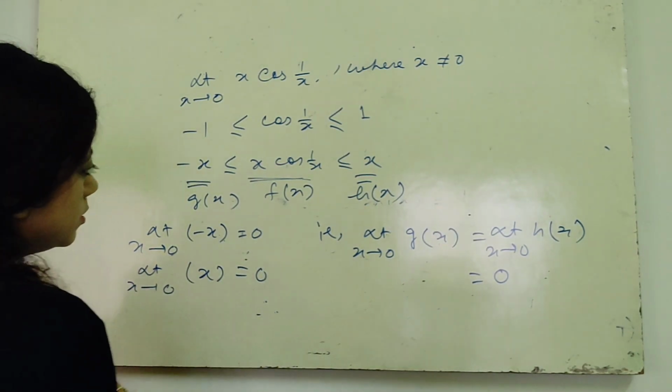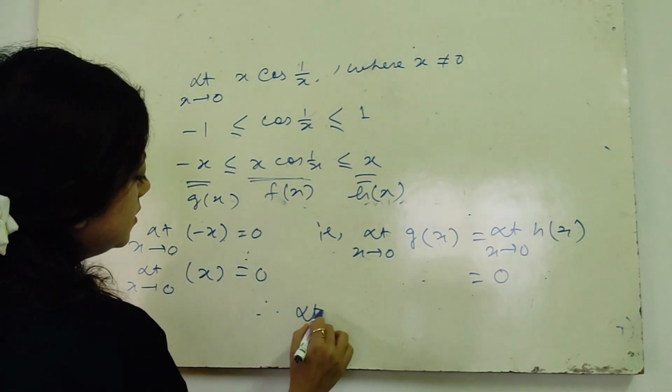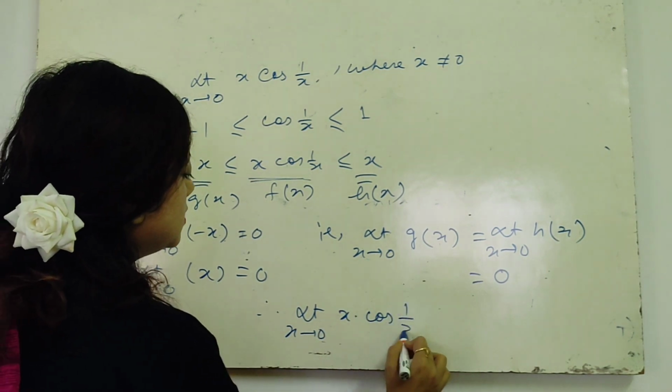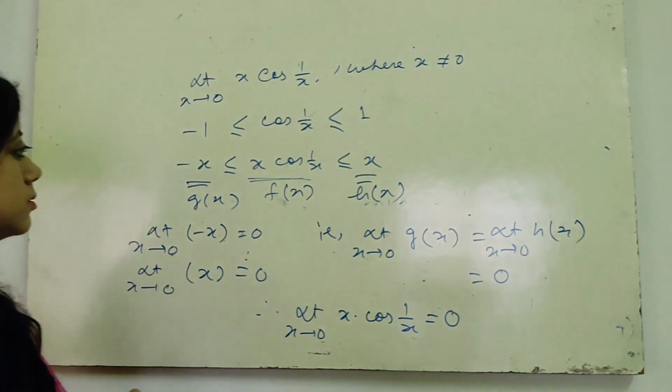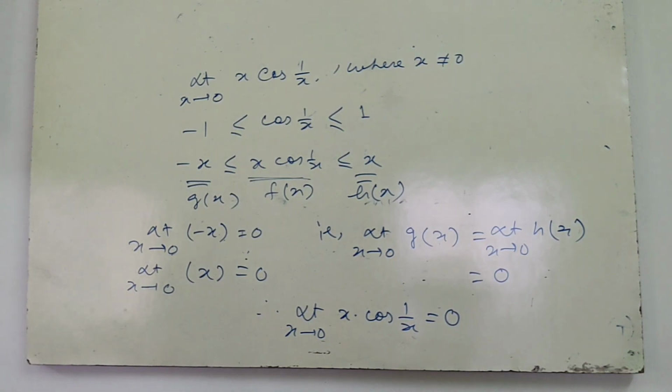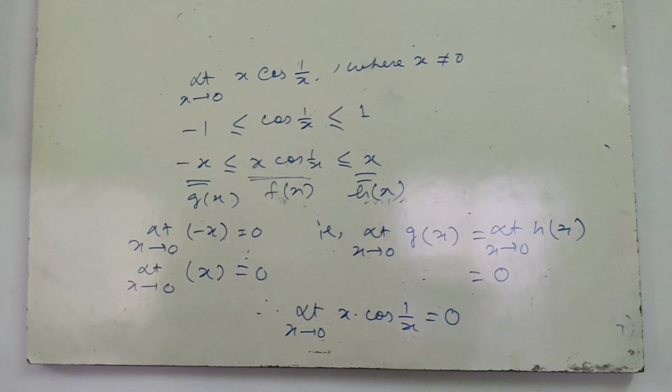So we can conclude that the limit as x tends to 0 of x cos(1/x) is also 0. So this is the application of the squeeze theorem, or sandwich theorem. Let's take another example.